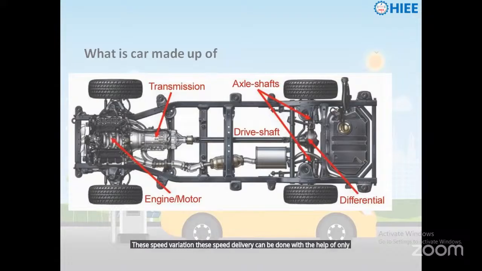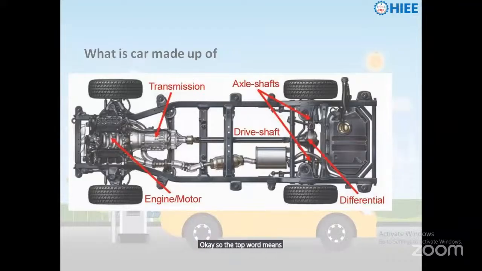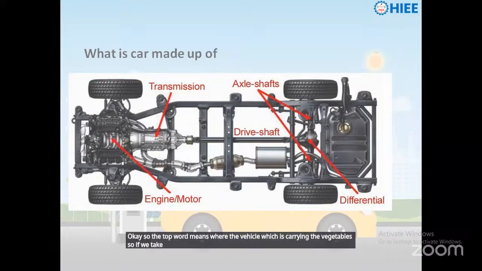So this is the application of the differential. If we don't have a differential, then your vehicle wheels will be interlocked. In Telugu, we say something like Topudu Bandlu, which means the vehicle carrying vegetables. If we want to turn that vehicle, we need to lift it and turn it.